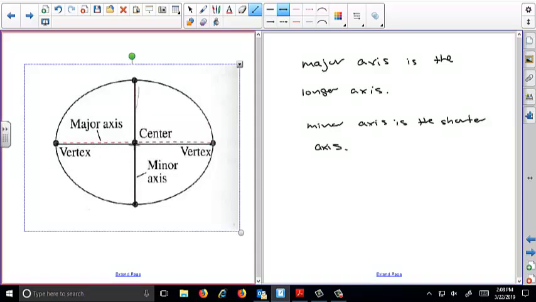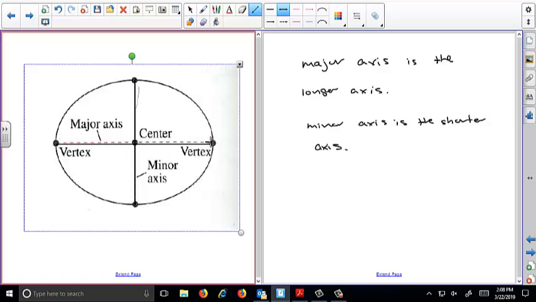It's not from the center. And ellipses are symmetric, and the center is the middle of the ellipse. So if I draw this major axis from one end to the other, and these endpoints are called vertices, this is a vertex and this is another vertex.